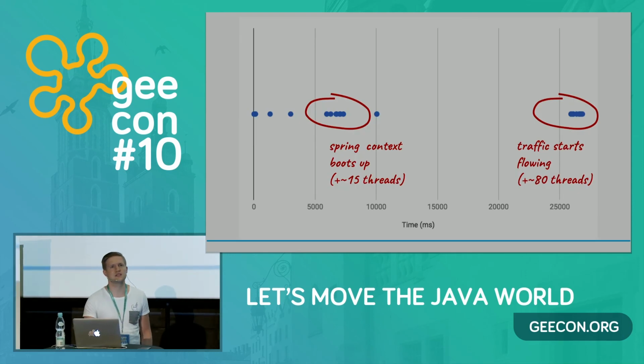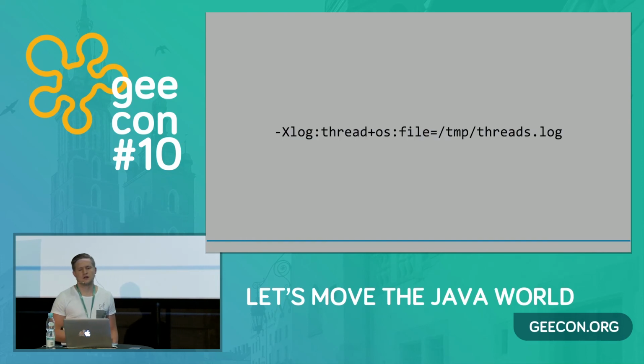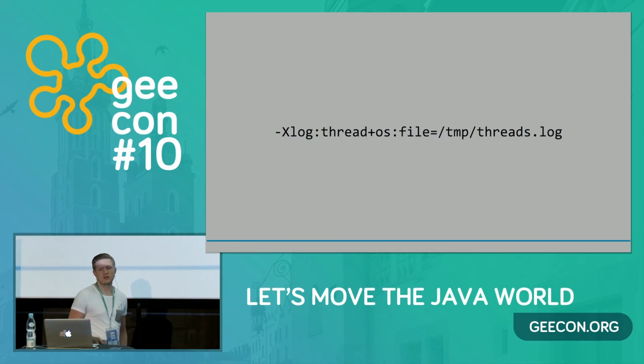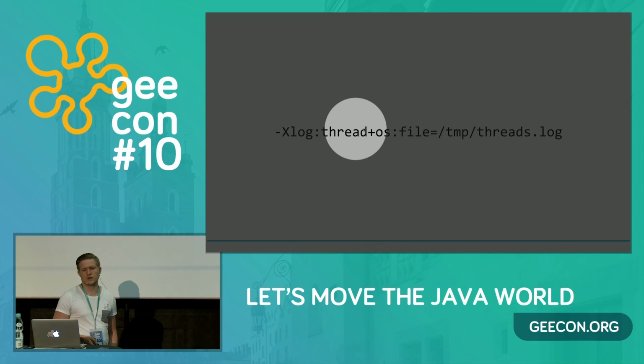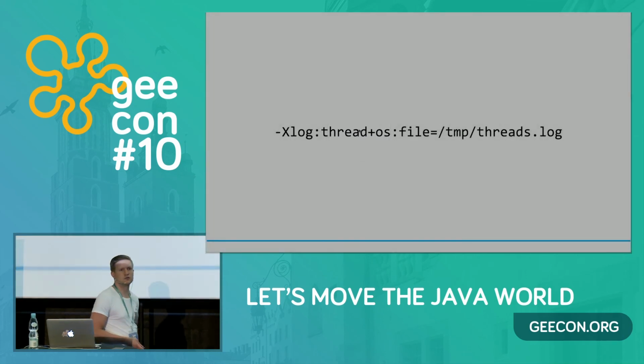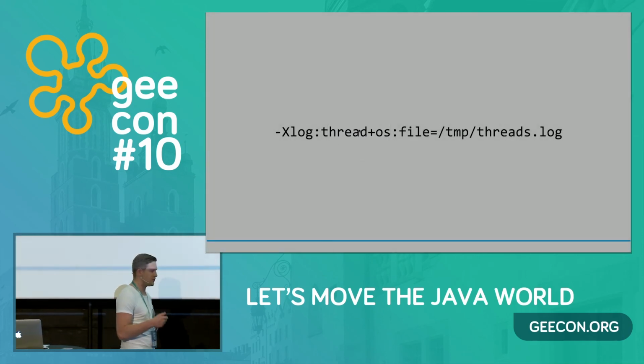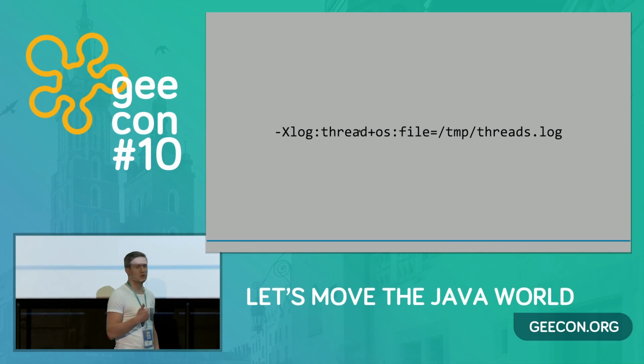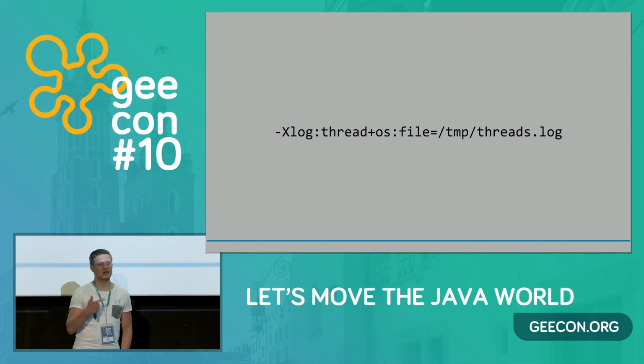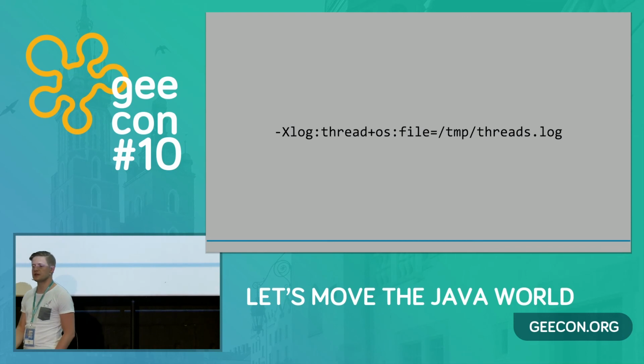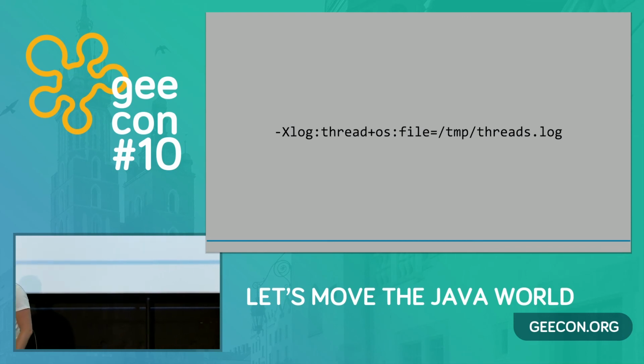You can create the same graph if you just turn this logging on for the thread and OS tags. This is going to give you information about every thread which comes to life and which dies. So you can also see how your threads circulate and which of them actually die.